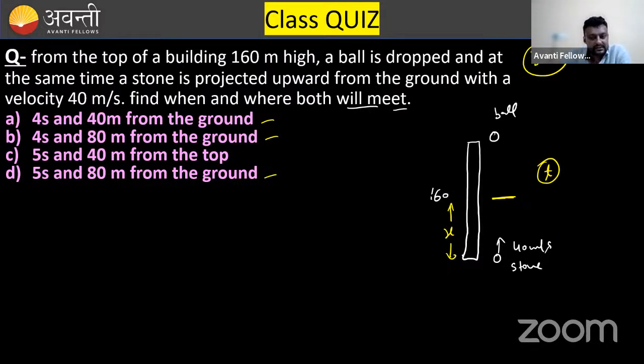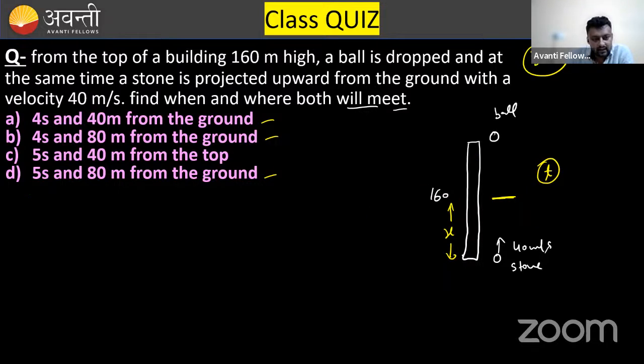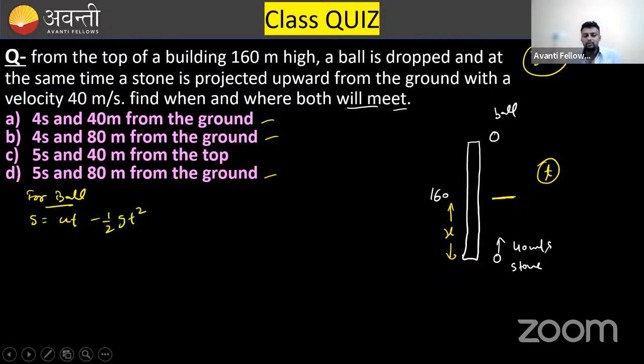So for the ball, I can use the equation S equals ut minus half gt square. Everybody knows the equation. Now S is the displacement.